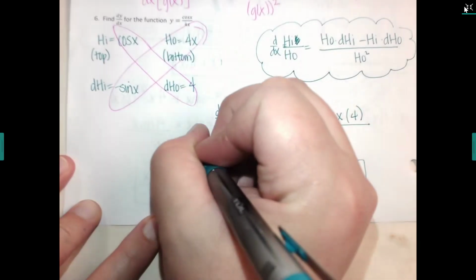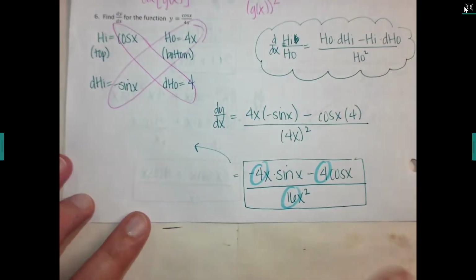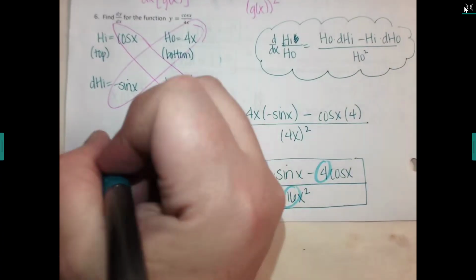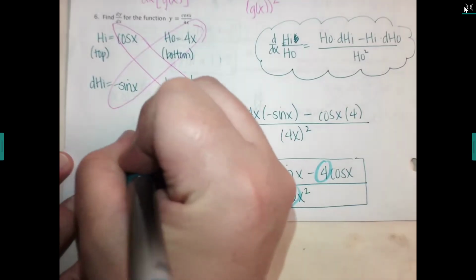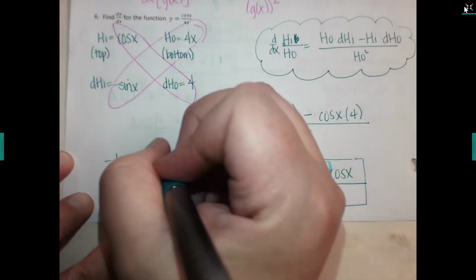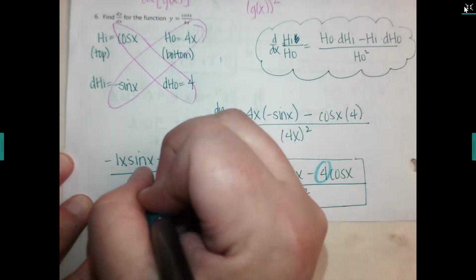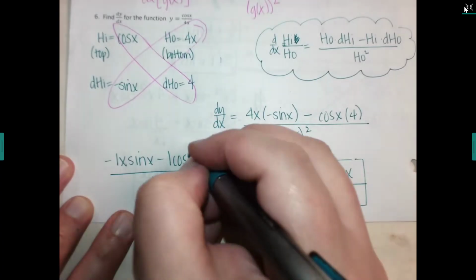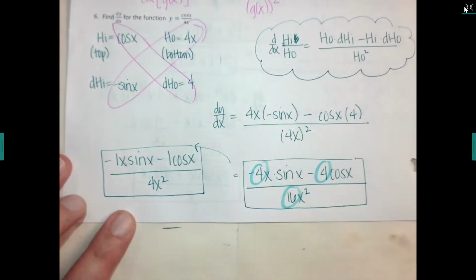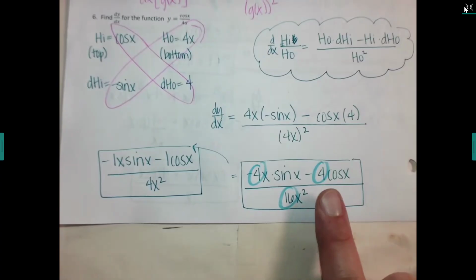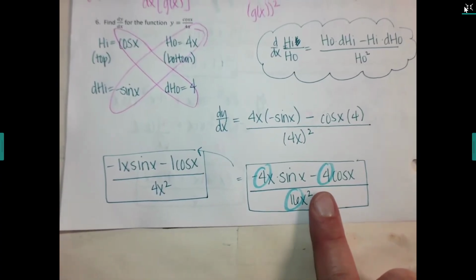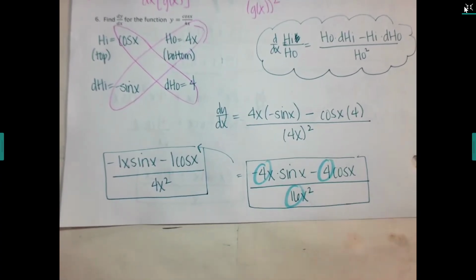So your final answer would be a minus 1x sine x, a minus 1 cosine x, and my 16 is now a 4x squared. But for Delta Math, it'll still take this. You only need to worry about these simplifications if it's a multiple choice and you want to match your answer to a presented answer.